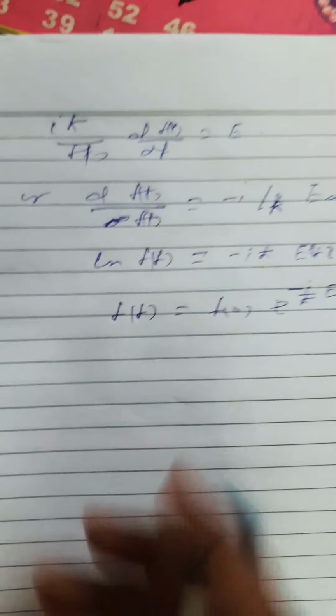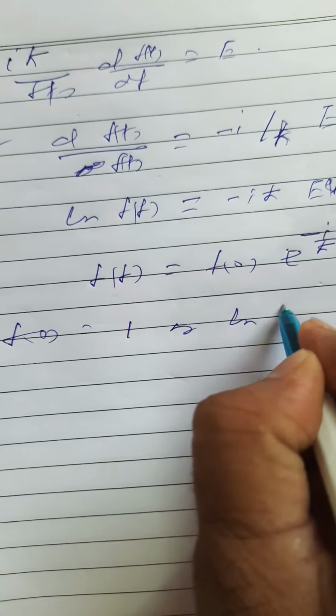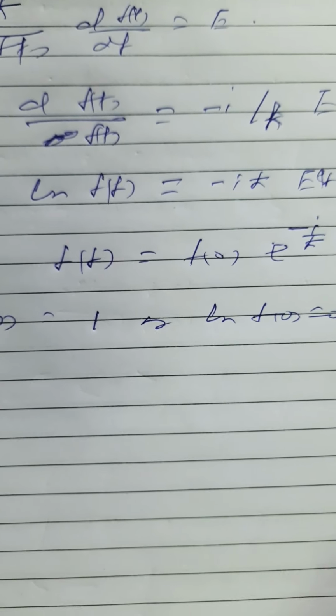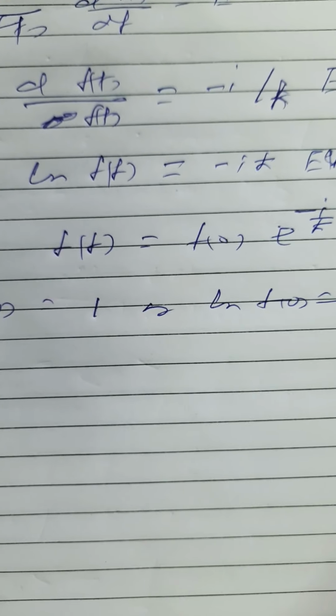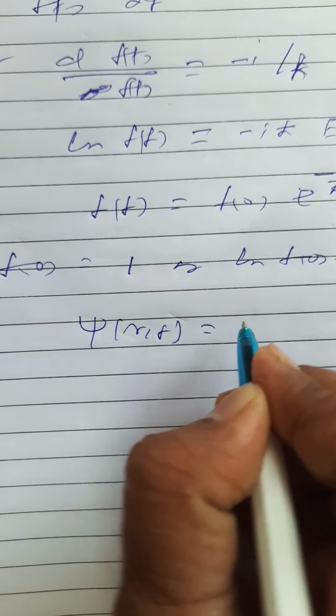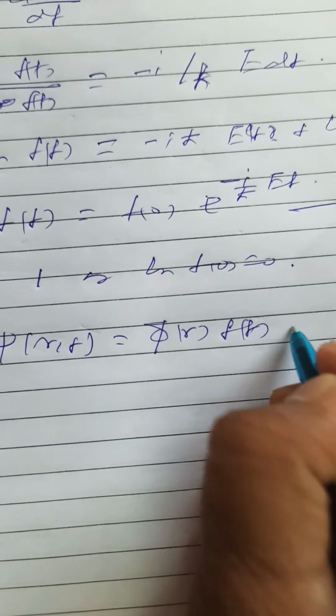Now we'll take f₀ equal to 1, or ln f₀ equal to 0. In that case, no loss of generality occurs, because f(t) will always be used in conjunction with φ(r) to give ψ(r,t) = φ(r) f(t).